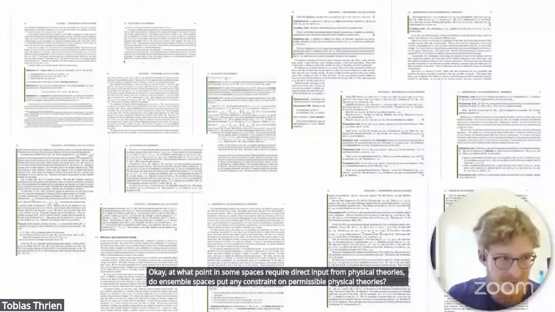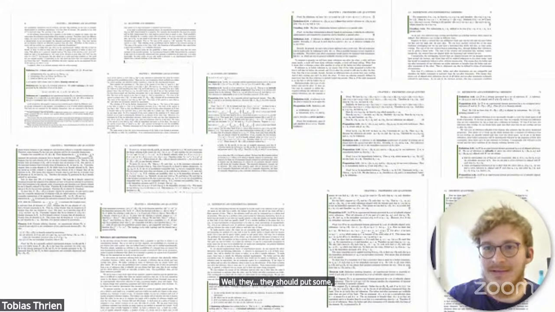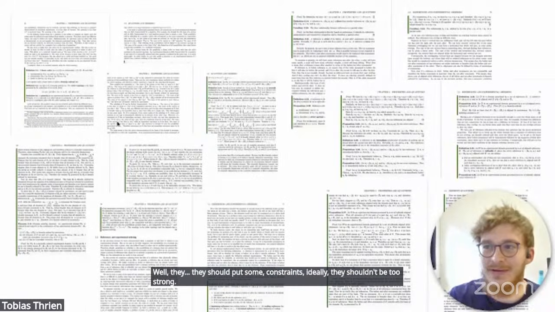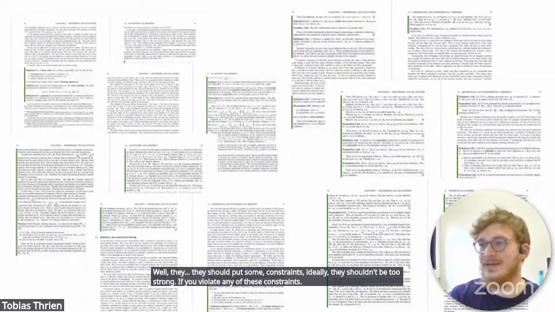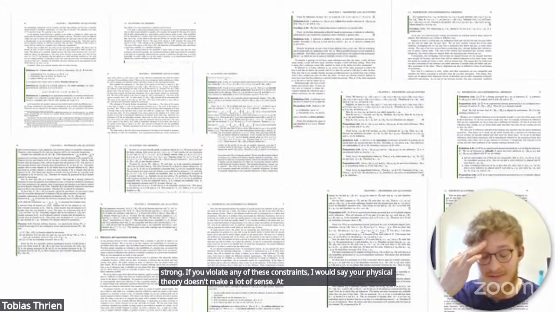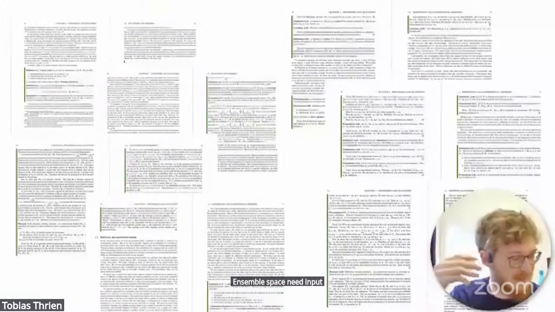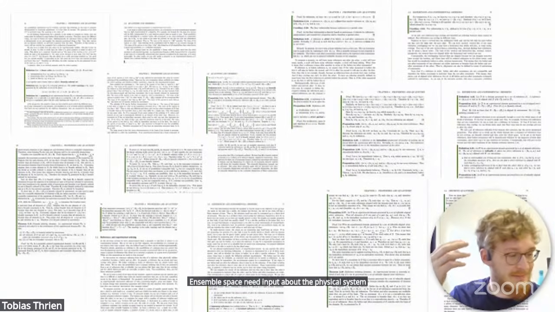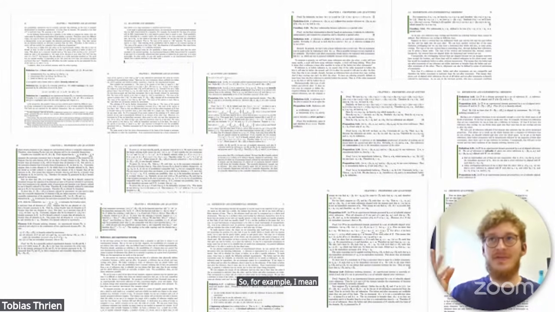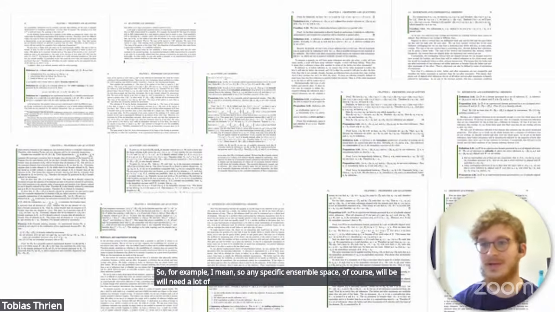Well, they should put some constraints. Ideally, they shouldn't be too strong. If you violate any of these constraints, I would say your physical theory doesn't make a lot of sense. At what point does the ensemble space need input about the physical system? Any specific ensemble space, of course, will need a lot of input on what you are actually describing.